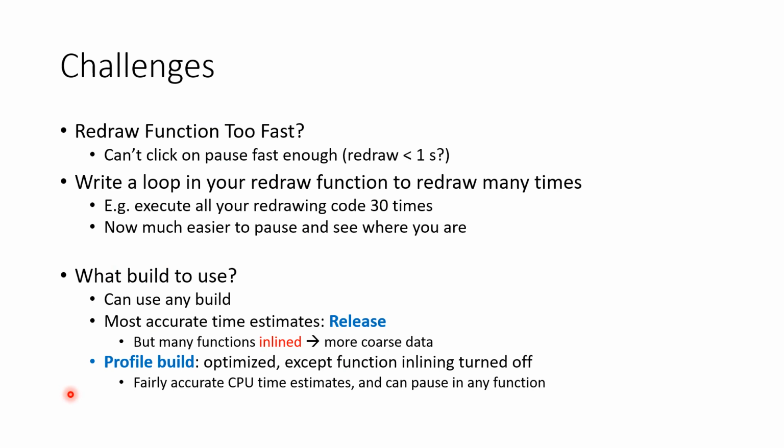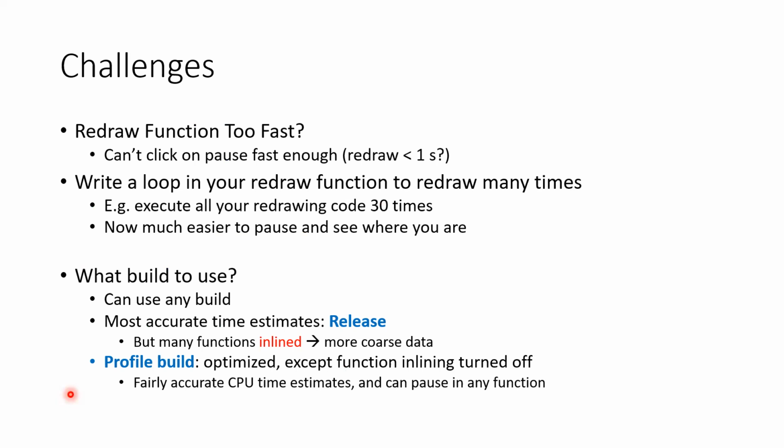So we want to use the profile build, which is optimized, but it turns off the function inlining. So it will have a fairly accurate CPU time estimate, but it can stop in any function and it will output any function. Is that clear? If anything is unclear, just tell me because I'm going really fast.